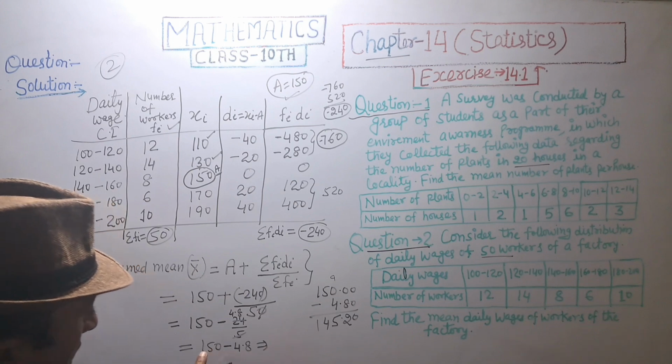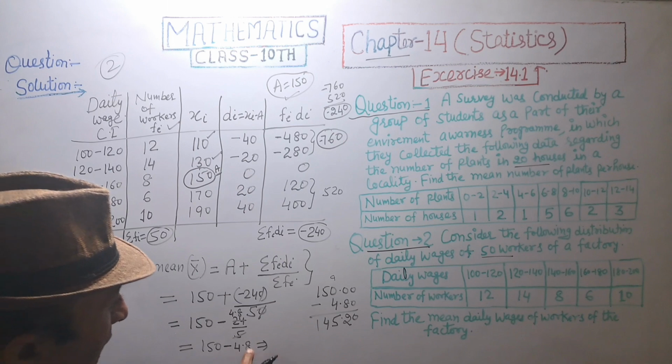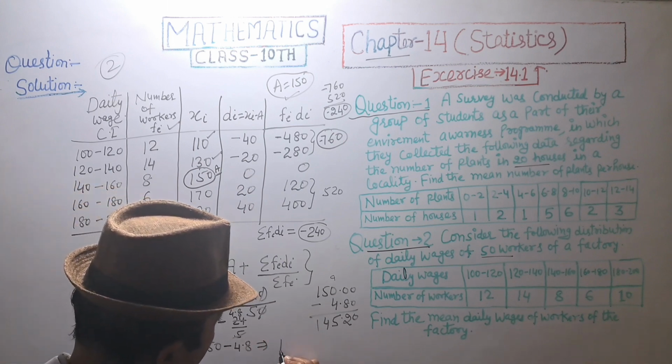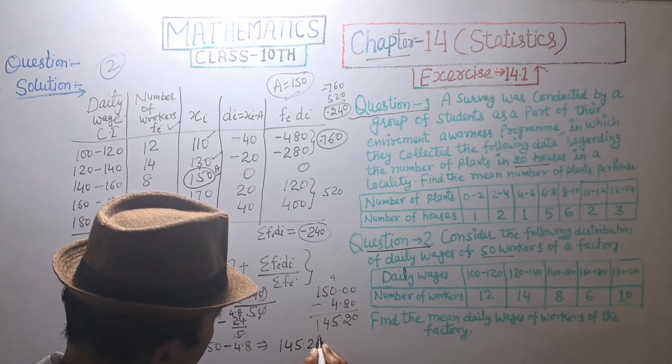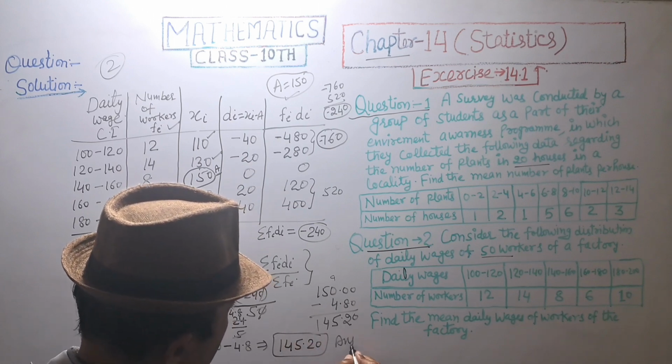This implies 150 minus 4.8 is equal to 145.20. Answer.